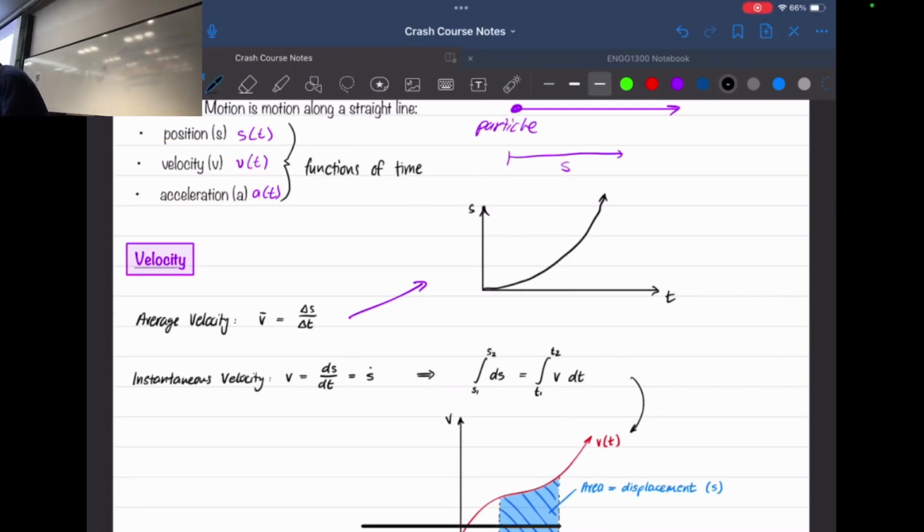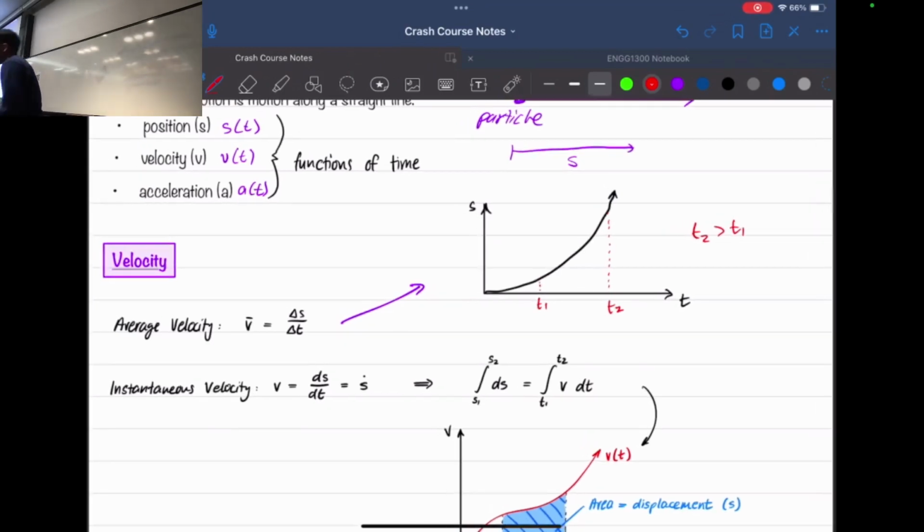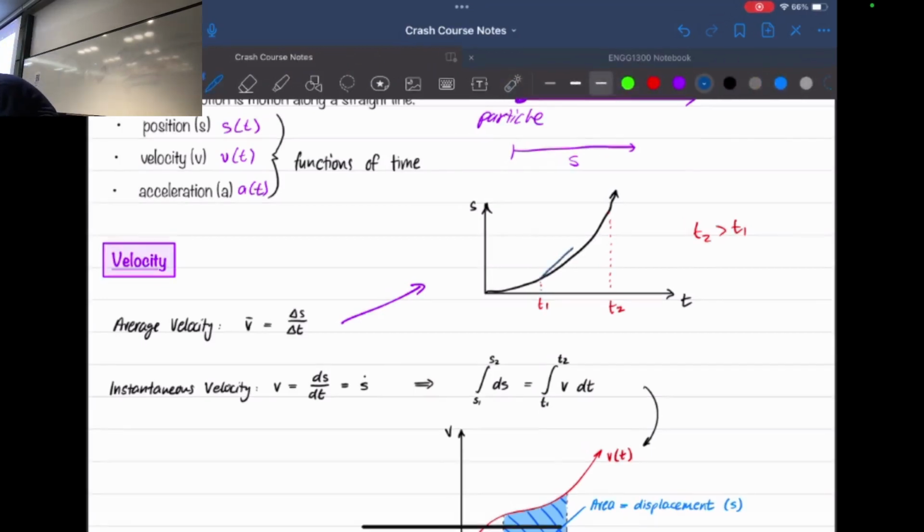Okay. Let's take two different time points, t1 and t2, in this case where t2 is greater than t1. The average velocity is just a gradient between these 2 points. So I'll draw up a gradient this way, I'll do a different color.